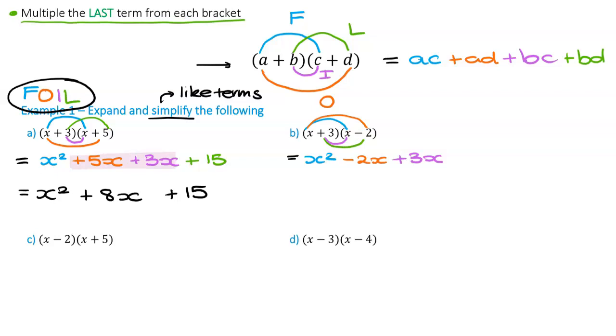So positive times a negative is a negative, 3 times 2 is 6. If you find it helpful to write the word FOIL or draw these arrows, that's perfectly fine. Do whatever you need to do to help you keep it in order. So now we've got negative 2x plus 3x. So putting it all together, x squared plus x minus 6.